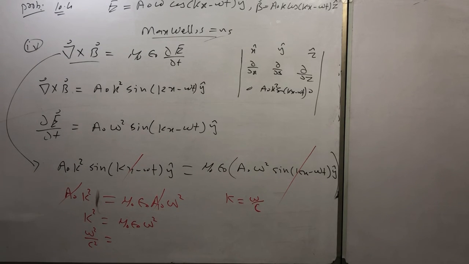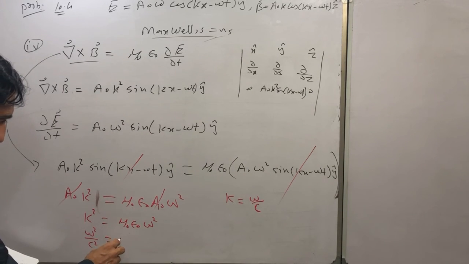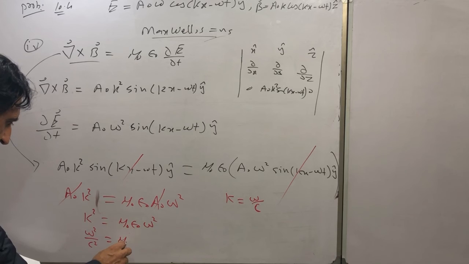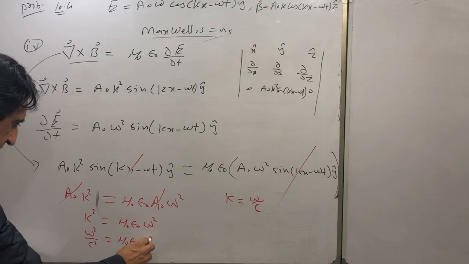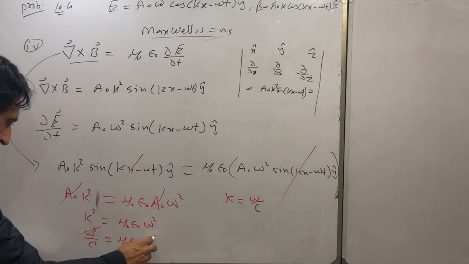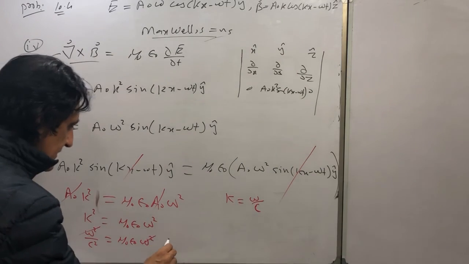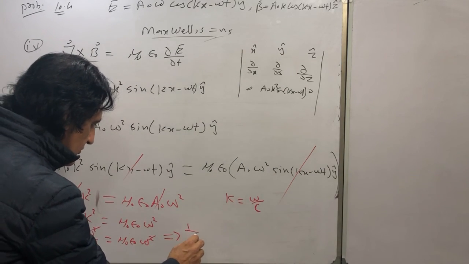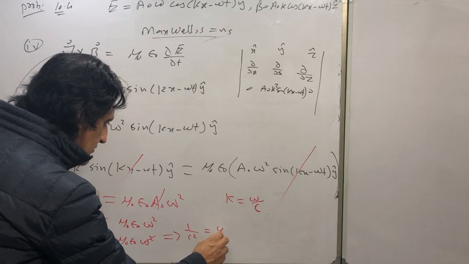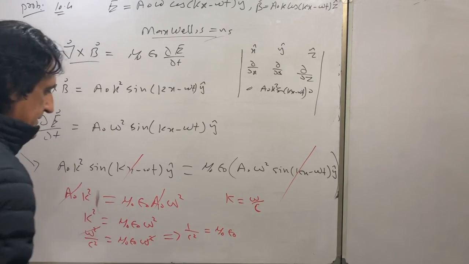So this omega square will cancel with this omega square, and this is equal to 1 over c square, which is equal to mu naught epsilon naught.